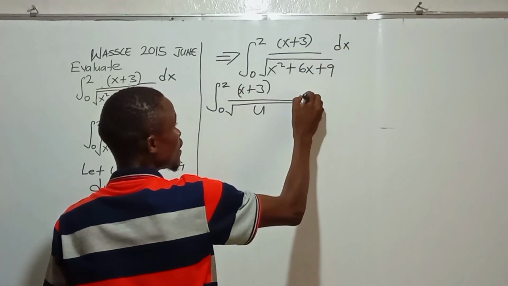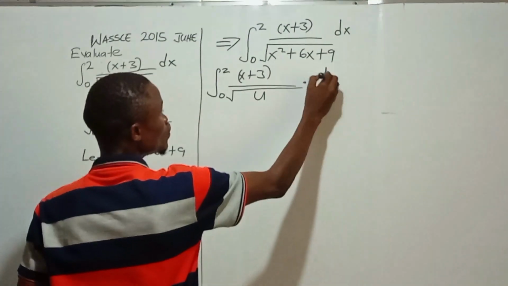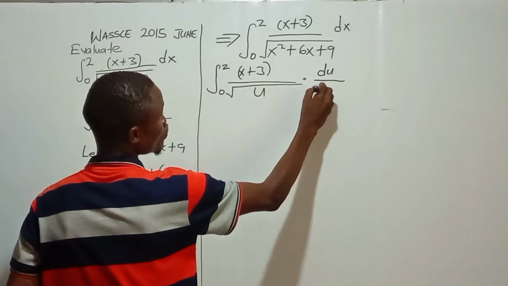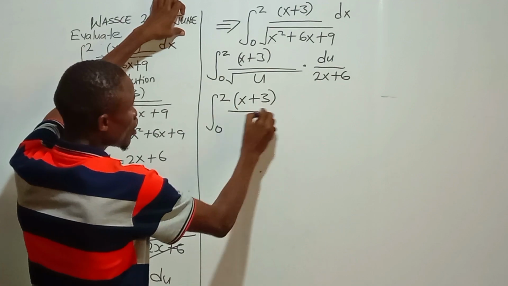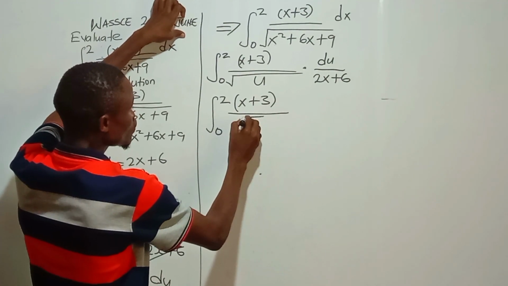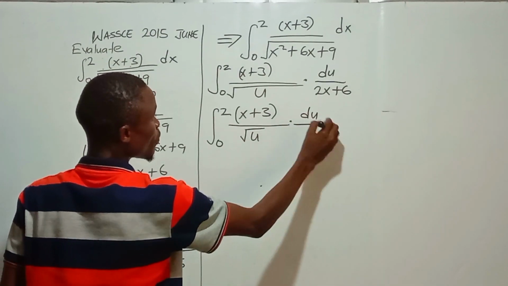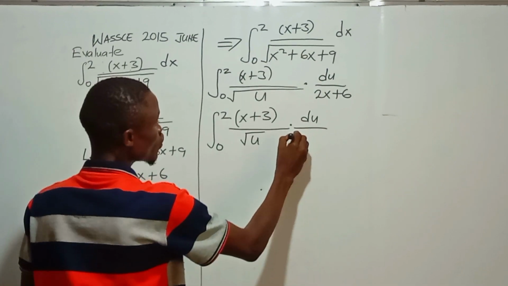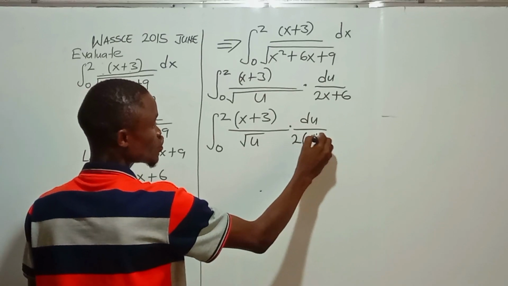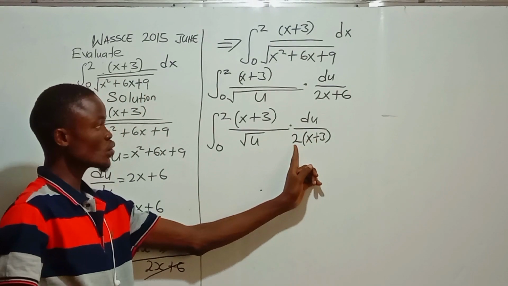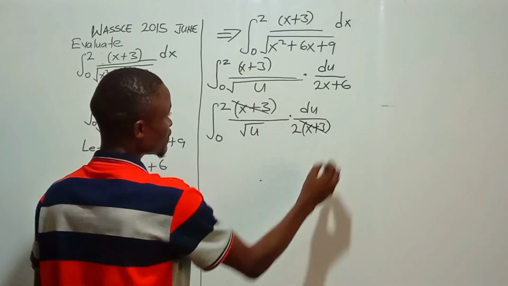The dx here is equal to du over 2x plus 6. So we have x plus 3 all over the square root of u times du over 2x plus 6. You simplify this one. The common factor for 2x plus 6 is 2, so 2 times x plus 3, because 2 can enter into 6 three times. So these are common, you cancel them.